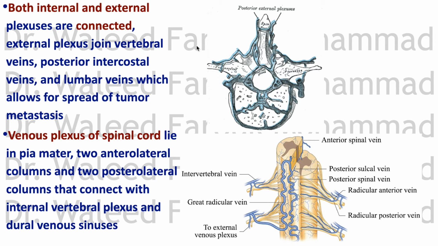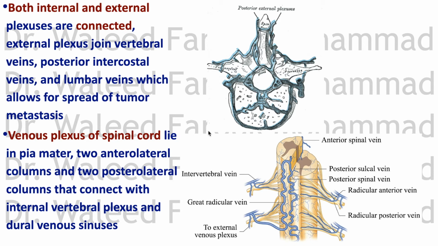So any metastasis can wander between vertebral veins, posterior intercostal veins, and lumbar veins, and this is why cancer of the prostate, for example, is famous for metastasizing to the vertebral column through its connection of the prostatic venous plexus with the external vertebral venous plexus.